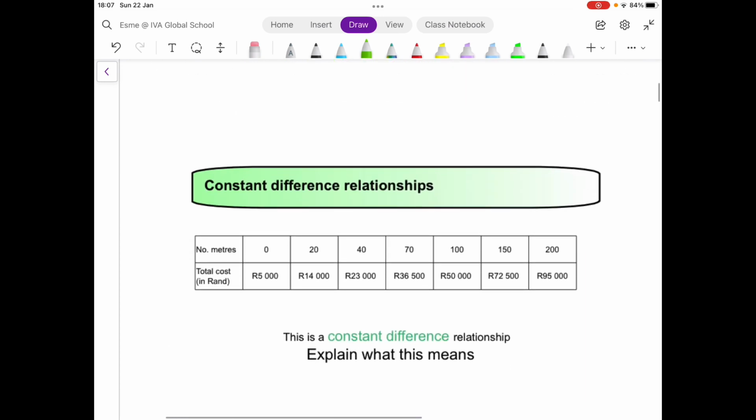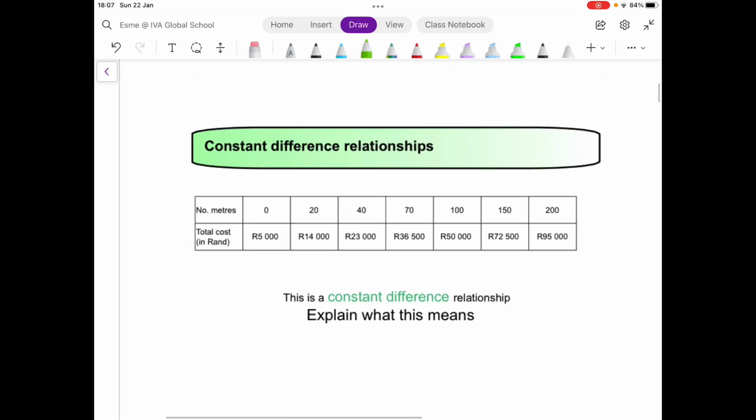Over here, I've filled in all the values for you. You will see I could have a look at a constant difference. We did this last year. A constant difference means that when I subtract, because these are sequential, I can say 14 minus 5, the difference will give me 9,000 Rand. 23 minus 14 will give me 9,000 Rand.